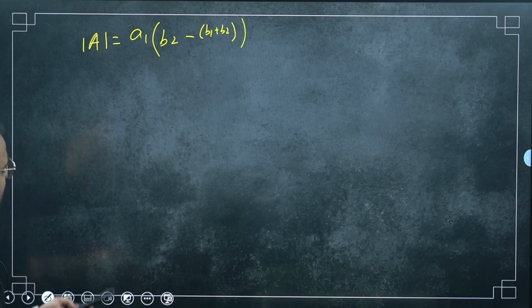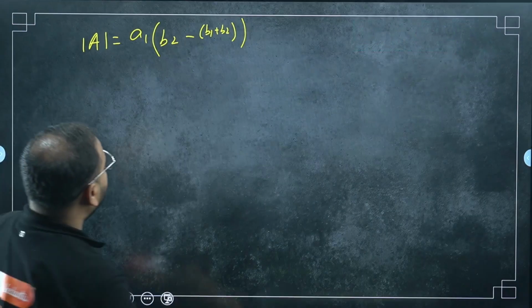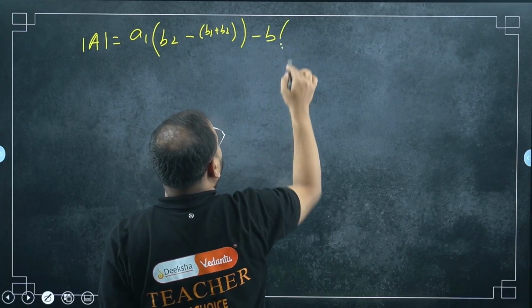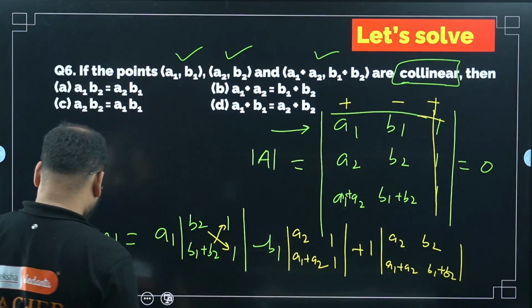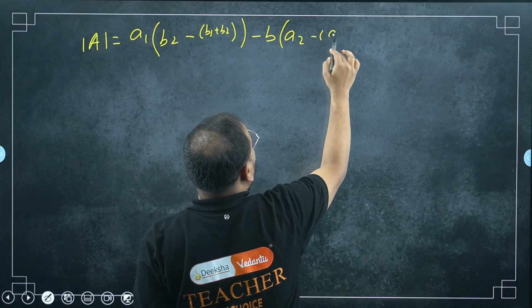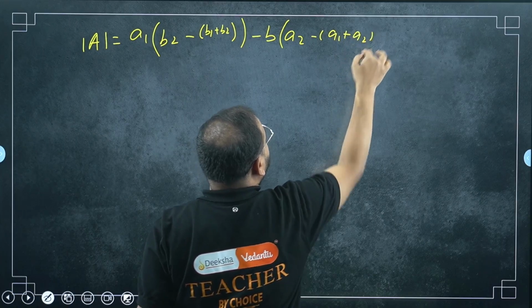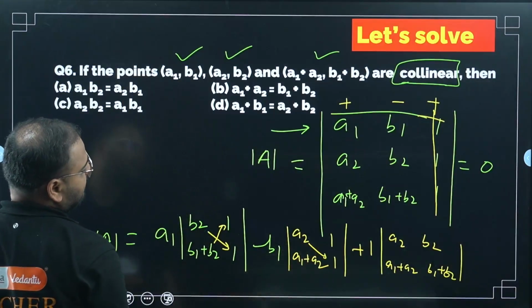I don't have to multiply with 1, the same thing will remain. What about the next one? Minus B1 times, check here: A2 minus A1 plus A2, correct, this way.